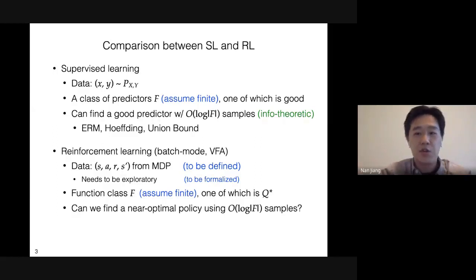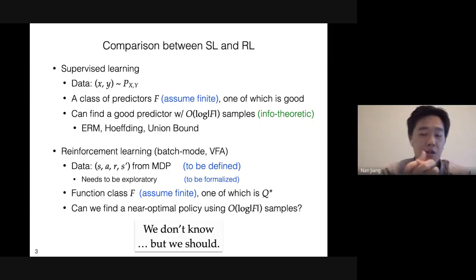Okay, so after we formally define it, this will be a well-posed question, and the answer is either yes or no. If yes, we should be able to give an algorithm and analysis. If it's no, then we should be able to give a lower bound or a hardness result. Okay, but as far as I know, our current knowledge of this question is that we just don't know.